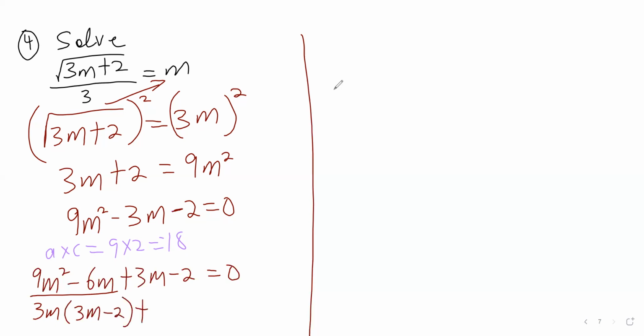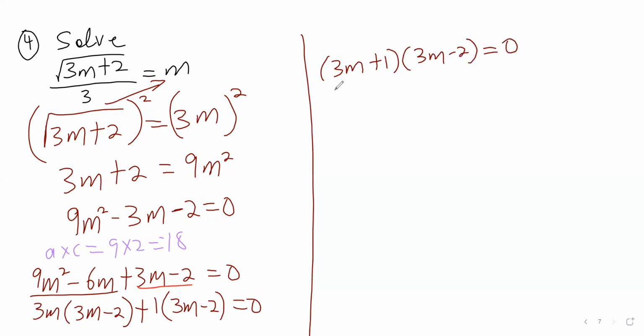Plus, what's common here? GCF 1. All right. So I'll bring my 1 outside, and 3m minus 2 all equals 0. Okay, so we'll end up with 3m plus 1 and 3m minus 2 equals 0, right?